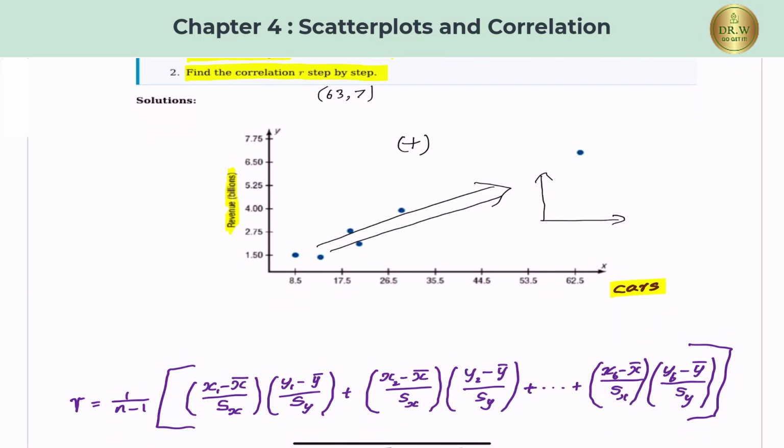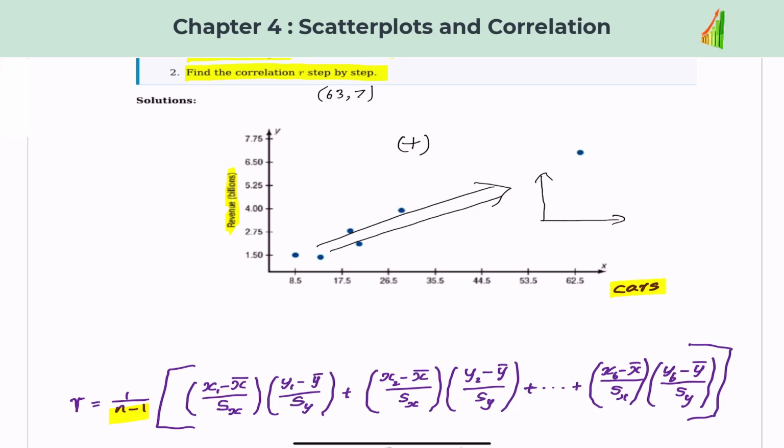R equals 1 over n minus 1 times the sum of (x1 minus x bar over sx) times (y1 minus y bar over sy), plus (x2 minus x bar over sx) times (y2 minus y bar over sy), similarly up to 6 points. So this is the equation for R for this problem.